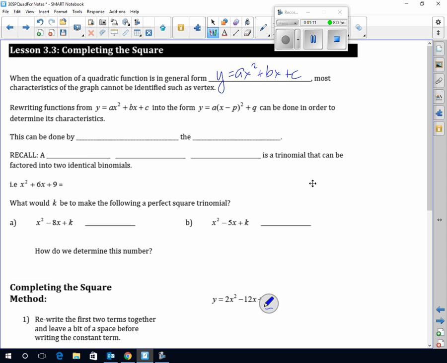Recall, does anybody remember what this polynomial was called from grade 10? I'll be very impressed if you remember, actually. Trinomial is right. Not binomial. When it factors, can anybody factor this really nicely?